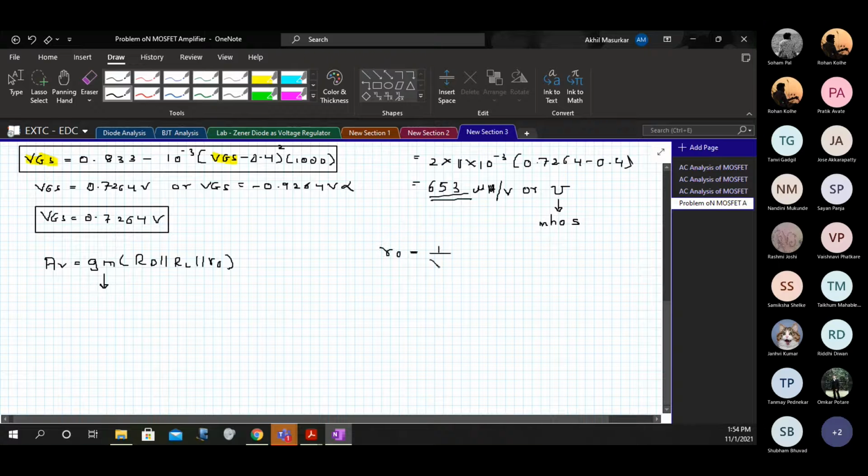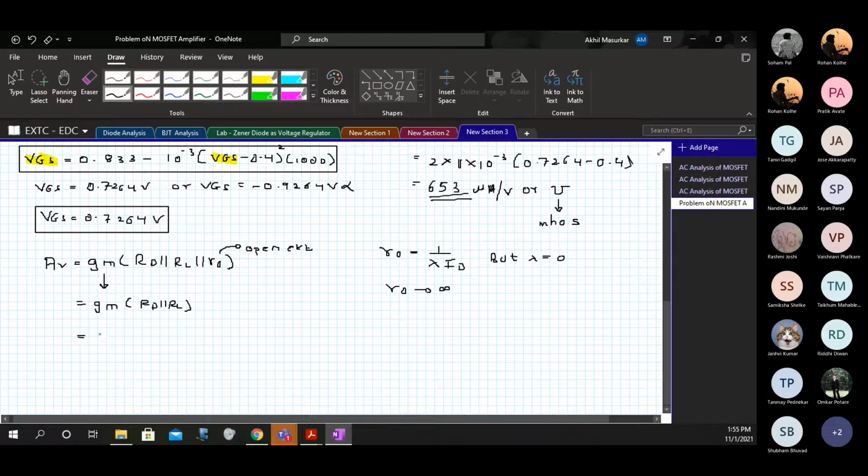R0 is 1 upon lambda times ID, but lambda value is not given, so we will assume it to be 0, and R0 tends to infinity. In a parallel combination, when R0 tends to infinity, it represents an open circuit, and that is why we can write this as GM times RD parallel with RL.